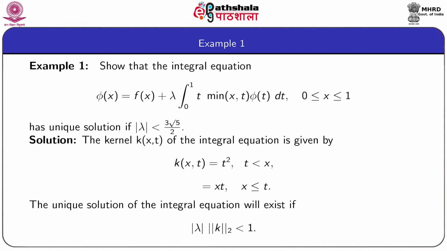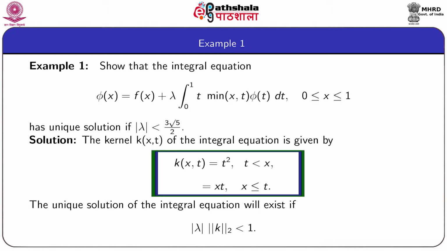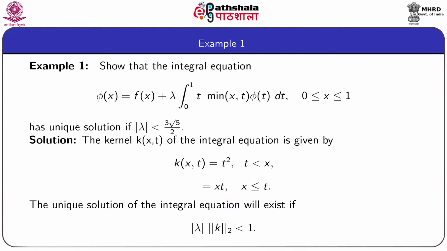In the integral 0 to x, minimum between x and t is t. So, for t less than x, kernel k(x,t) equal to t square, and from integral x to 1, t is greater than x, so that minimum of x and t is x. So, kernel k(x,t) is equal to xt for x less than equal to t.